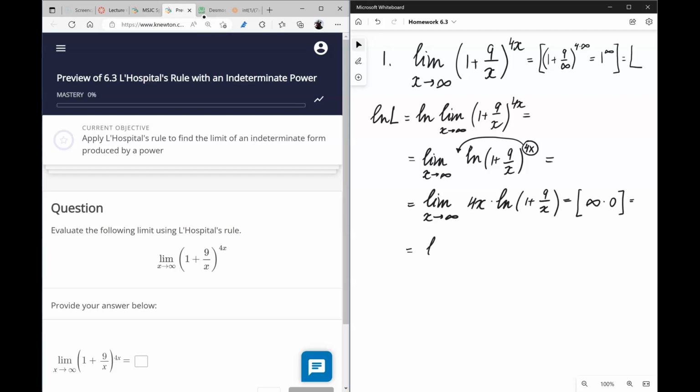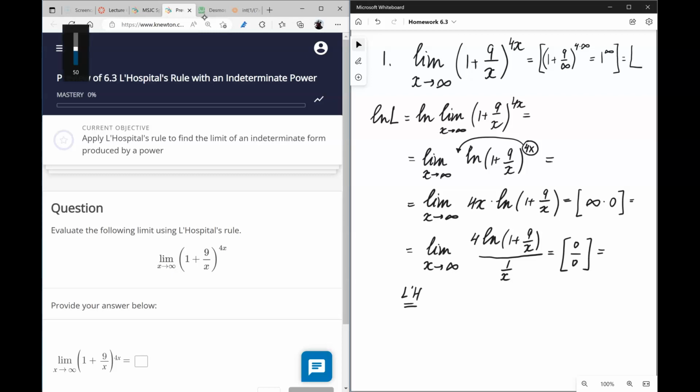And we're going to resolve this indeterminate form by rewriting it as a ratio. So we're going to keep ln in the numerator, and we're going to put 1 over x in the denominator. So now the type of the limit is 0 over 0, and now we can use L'Hopital's rule.